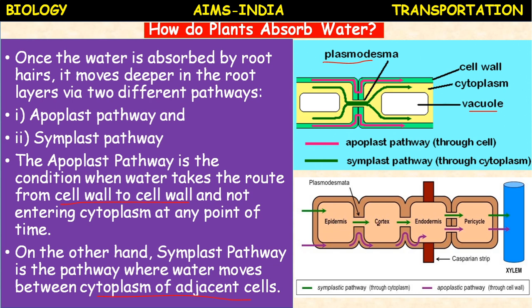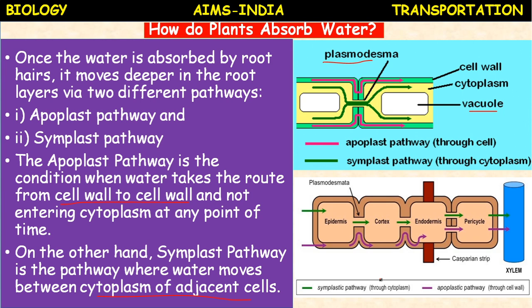From epidermis enters into the cortex, enters into the endodermis, and finally pericycle, then xylem. And if you take the apoplast, only through cell walls the movement of the water takes place and finally reaches the xylem. Okay, these are the Casparian strips, strong. Okay, this is the apoplast and symplast.